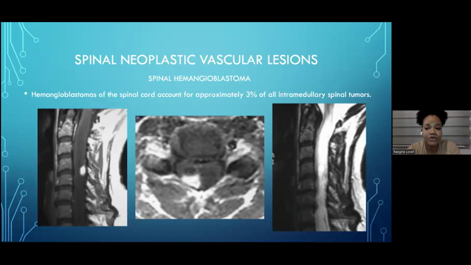They tend to occur more commonly as sporadic isolated lesions, so sporadic in 70 to 80% of cases, in contrast to occurring as multiple lesions in cerebellum and retina as part of von Hippel-Lindau disease, which occurs in 16 to 25% of cases. Although hemangioblastomas are histologically benign, they can cause significant neurologic deficits depending on their location.